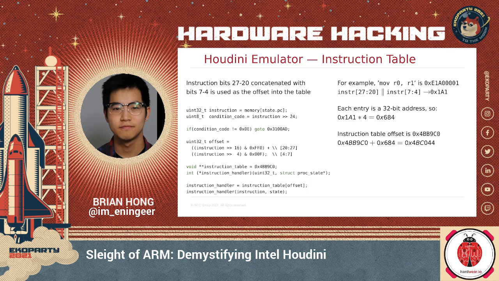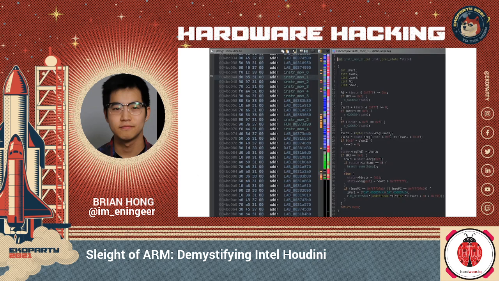To get the actual byte offset, each entry is 4 bytes long, so you multiply by 4 and get 0x684, and when we add it to the instruction table base, we get 0x4bc044, and that looks like that. You can see on the left the address and the function pointer, instruction move 1. I just named it that.